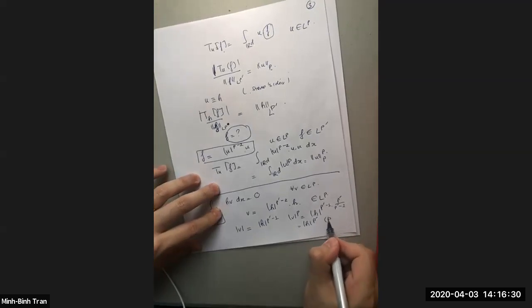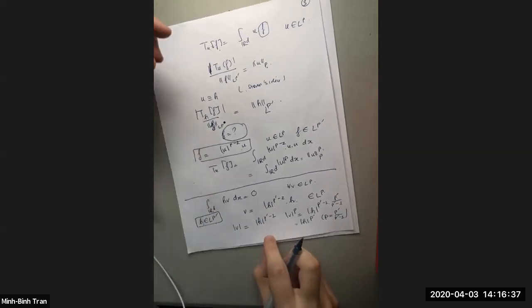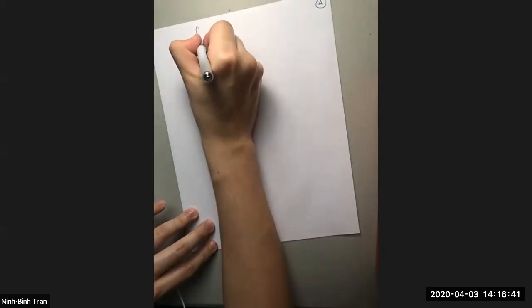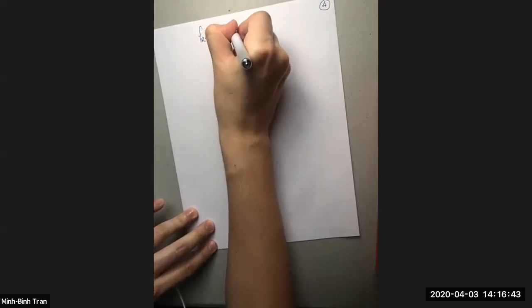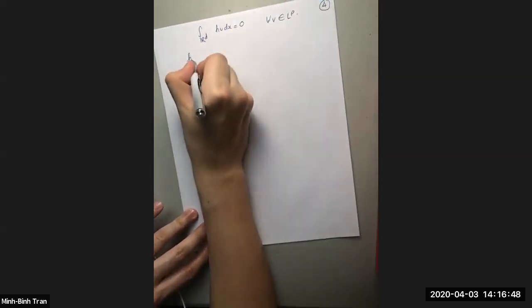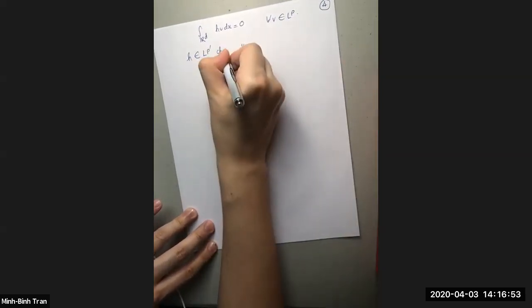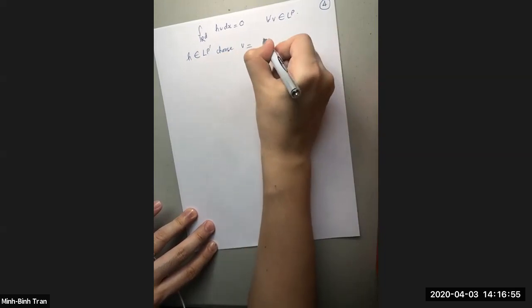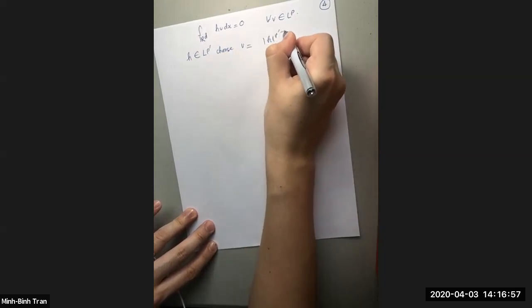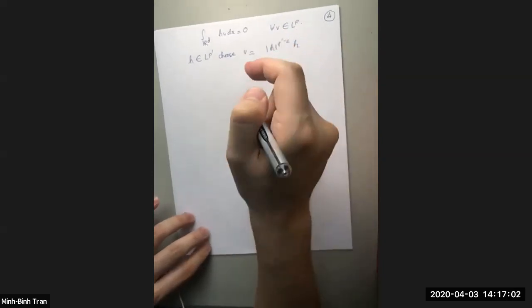Right, so remember here I have P is P prime over P prime minus 1. So let me rewrite here. I have the integral of HV dx is going to 0 for all of the V in LP, right? So now I have H is in LP prime, all right? So now I choose V to be H^(P prime minus 2) times H, exactly like in the previous strategy that we did.